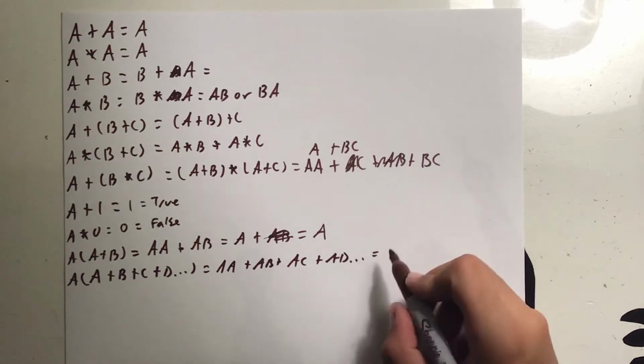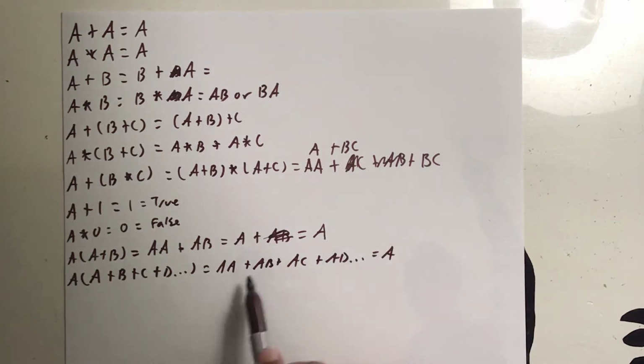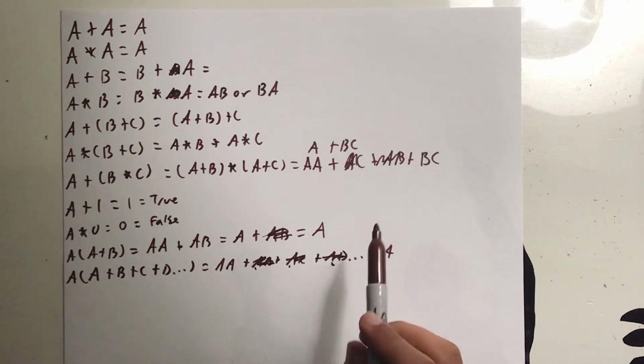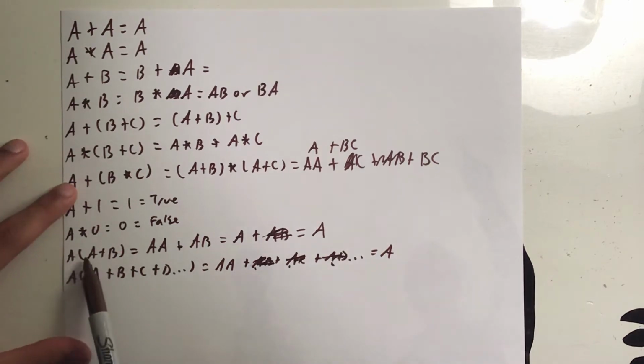Well, AA is A, and all these get absorbed by this single A because all of them share an A. Inside the parentheses, it doesn't necessarily have to be an A, it can be a B. Let's say there was a B here.